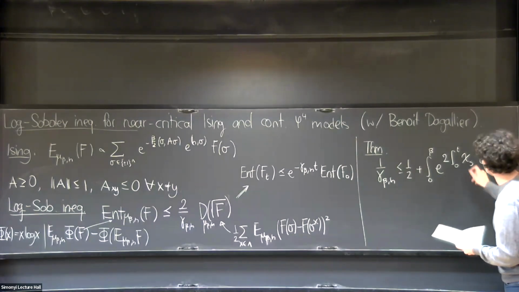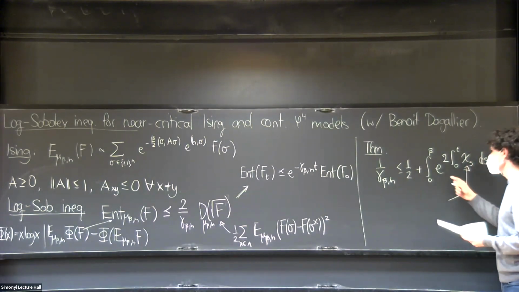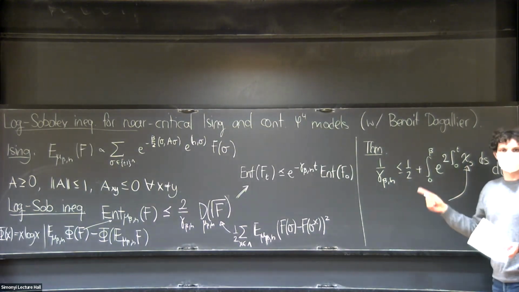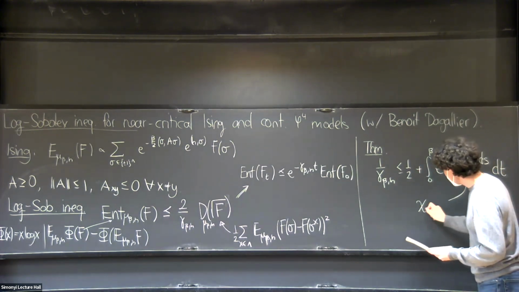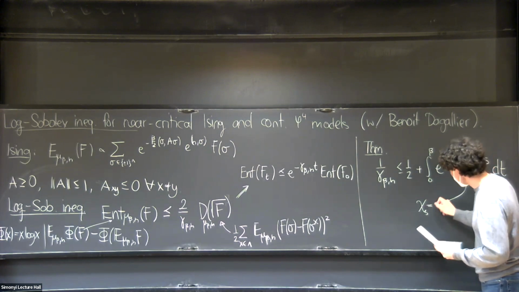The bound is simply this. It may look a little bit complicated, but in fact it's much simpler than we dreamed was possible. And here Chi-S is the zero field susceptibility.